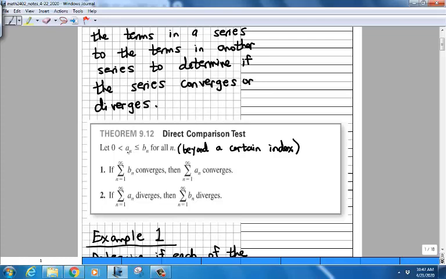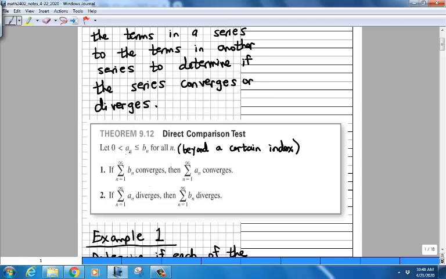So you've got these two series, and maybe the terms in one series are always bigger than or equal to the terms in the second series. Then if the bigger series already converges to a finite number, that means the smaller series has got to converge too, because it's going to add up to a smaller value.